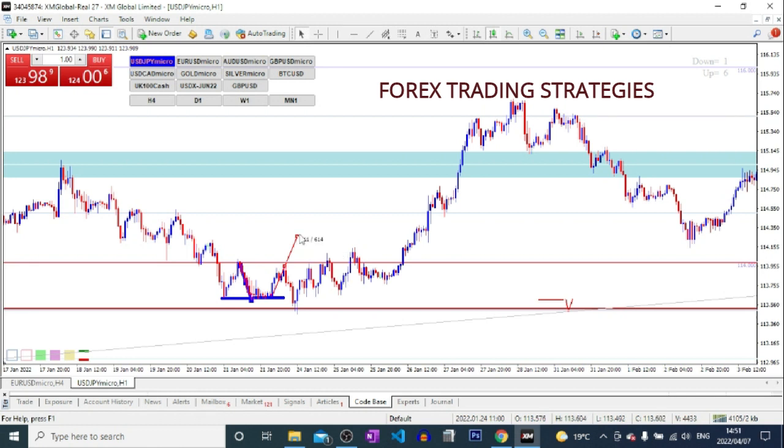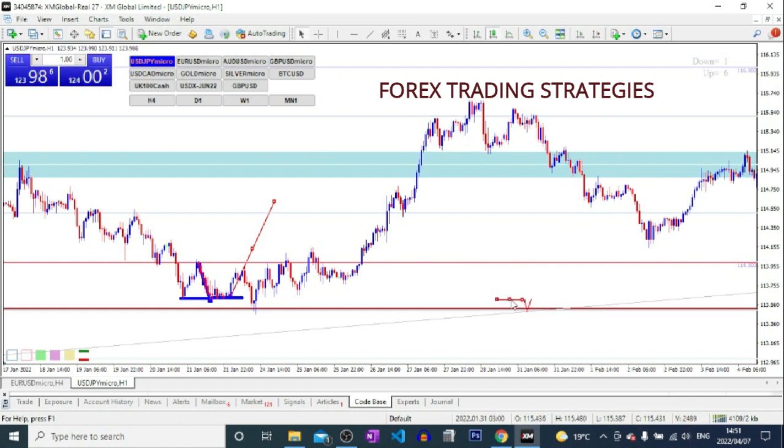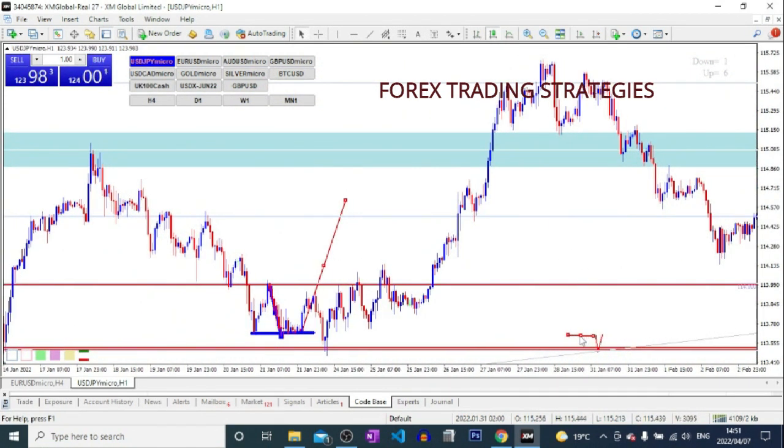People who are impatient traders would have jumped in here and started buying. And probably they would have put their stop losses in this area, depending on however people place their stop losses, maybe somewhere there. But you can see the scenario, what's happening here.